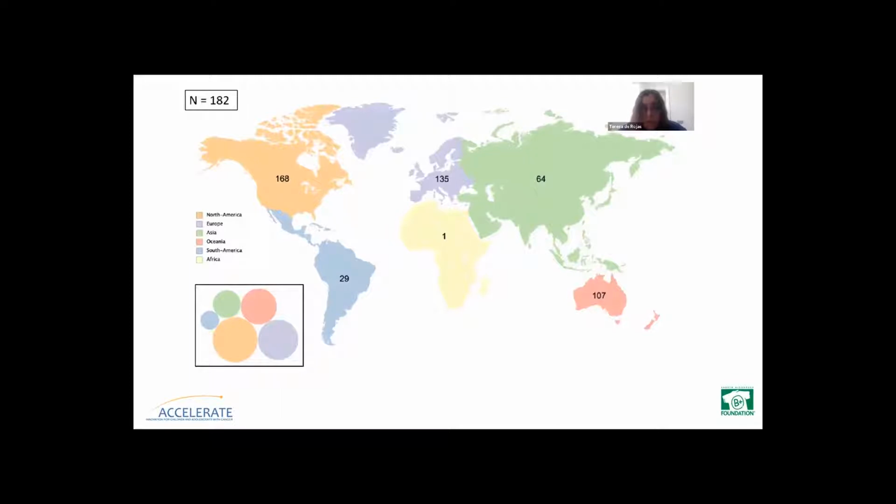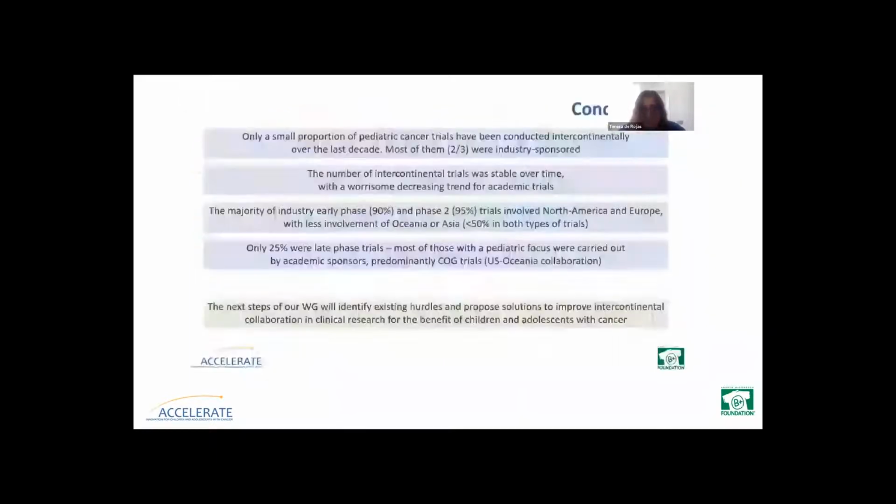And as you see, North America participated in almost all of them, followed by Europe, with far less participation of other continents. So the next steps for our working group will be to identify existing hurdles and propose solutions to improve intercontinental collaboration in clinical research. We hope for the benefit of children and adolescents with cancer.